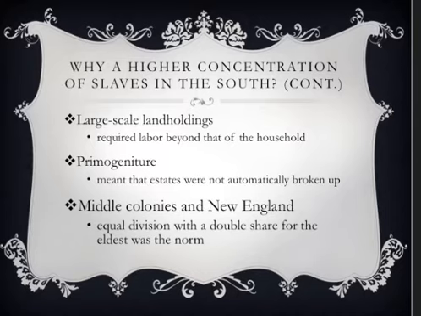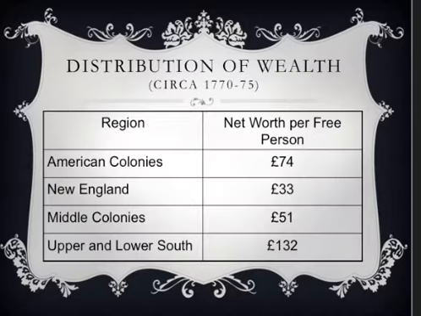Well, how does this impact wealth? Let's take a look at the wealth that we end up seeing for the entire colonies, New England and middle colonies, upper and lower South. So the American colonies, the net worth per free person in the American colonies was about 74 pounds. So this is the average for all the colonies from 1770 to 1775.